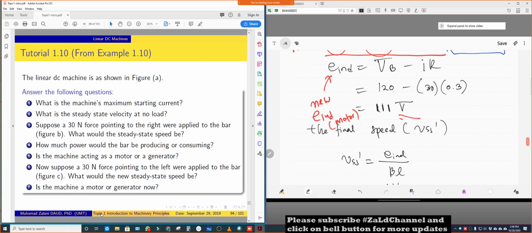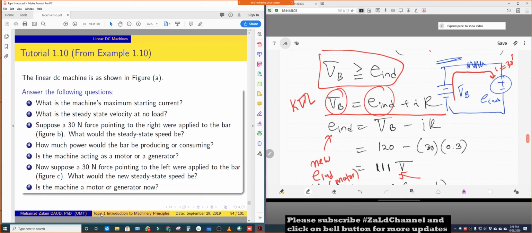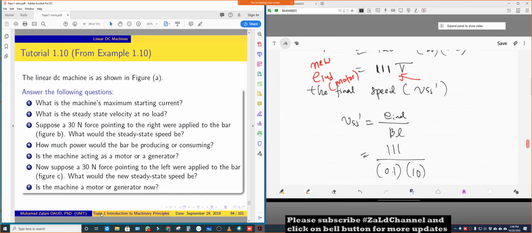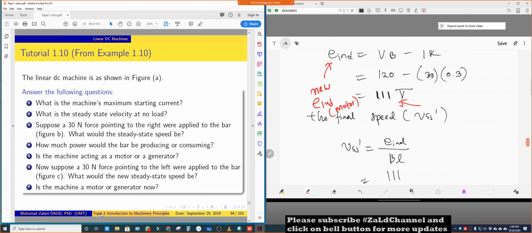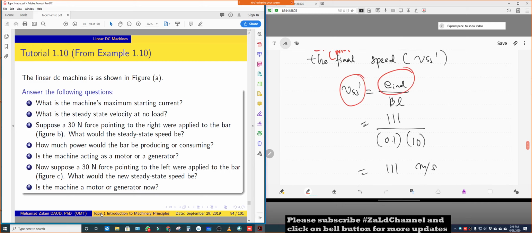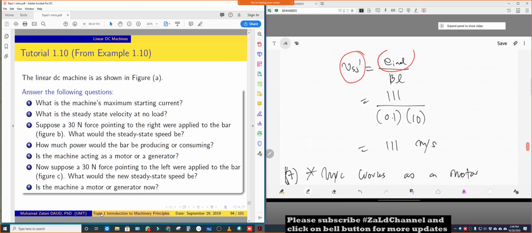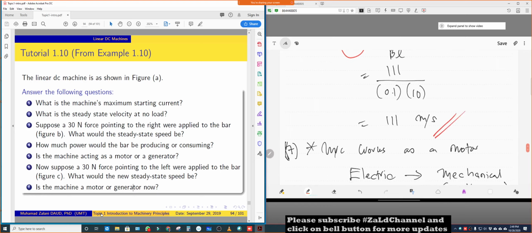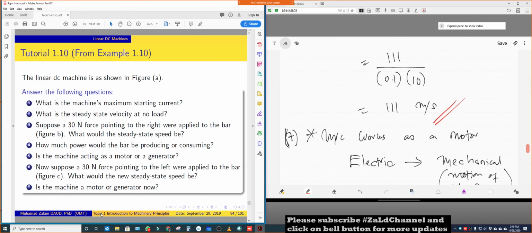We get a new induced voltage of 111 volts. Then we use that to calculate VSS prime, the new steady state speed, E induced divided by BL. The new steady state speed is decreased from the earlier 120 meters per second to 111 meters per second.